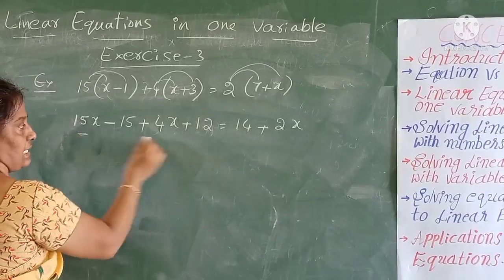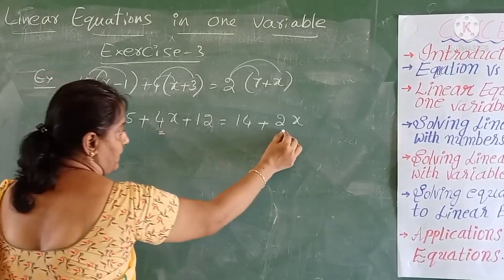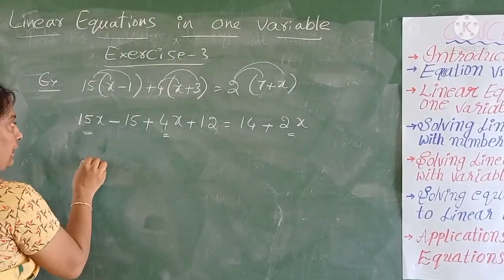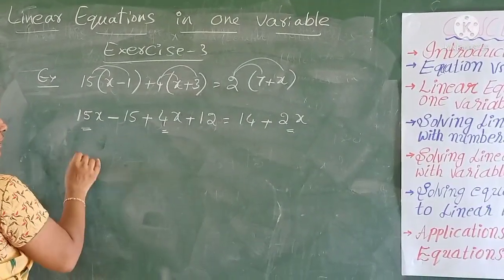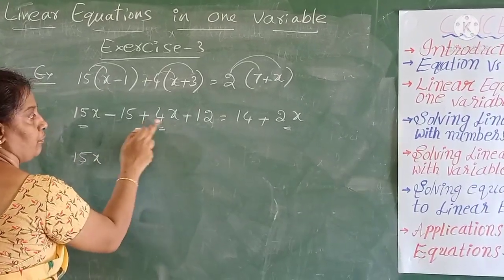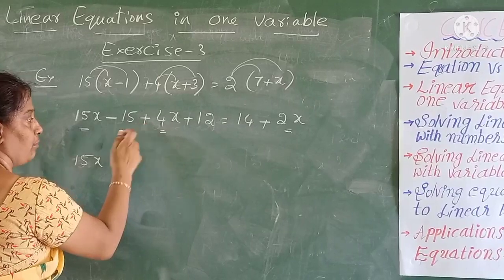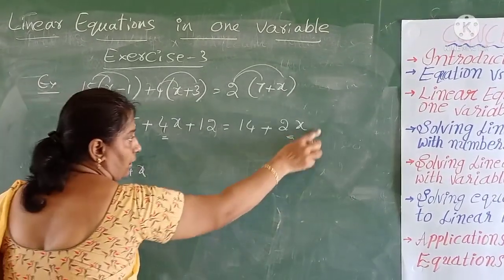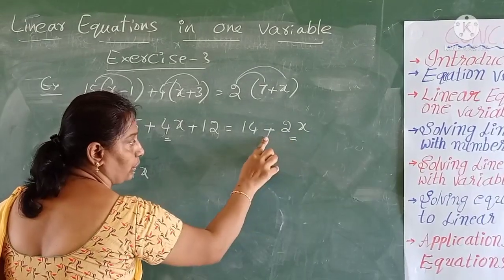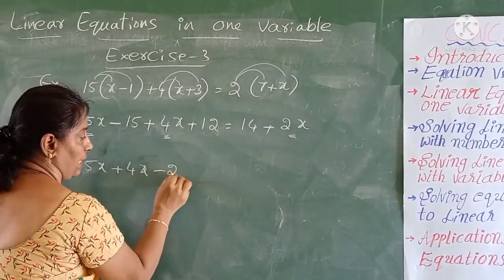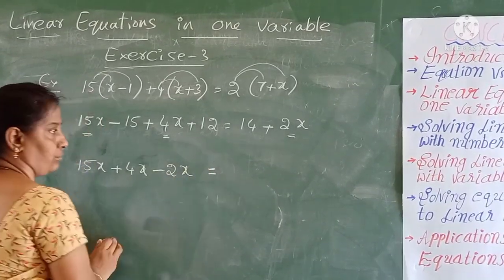Minus 15x and 4x, and the right hand side has positive 2x. So keep all variables on the left side: 15x, and one more variable, 4x, so plus 4x. The right hand side is positive 2x, so moving to the left side it becomes negative 2x, is equal to.